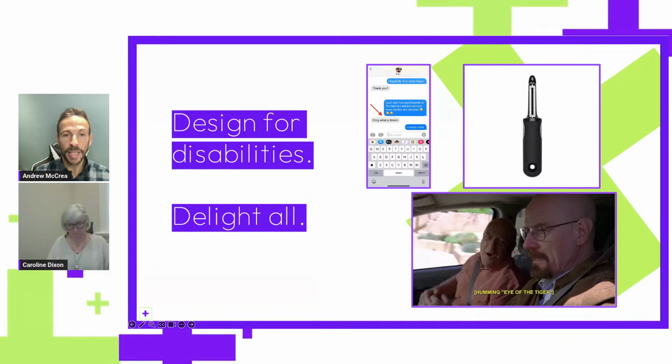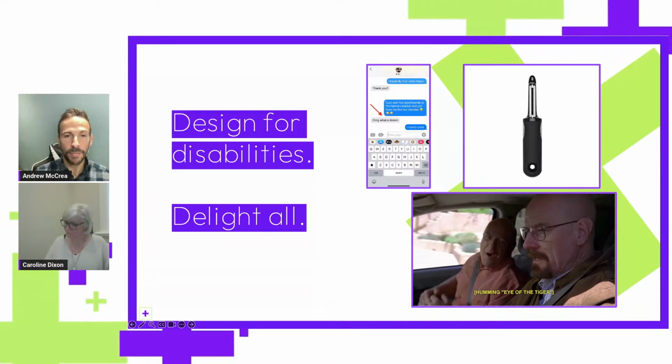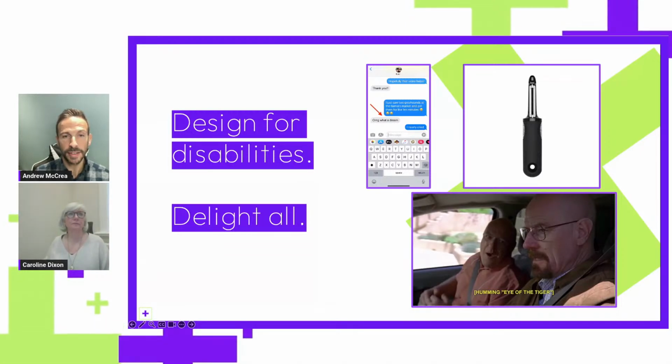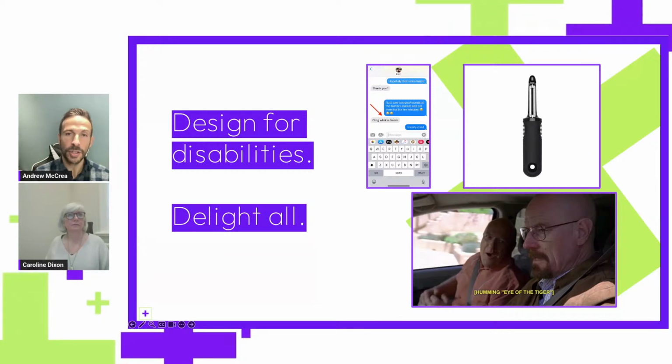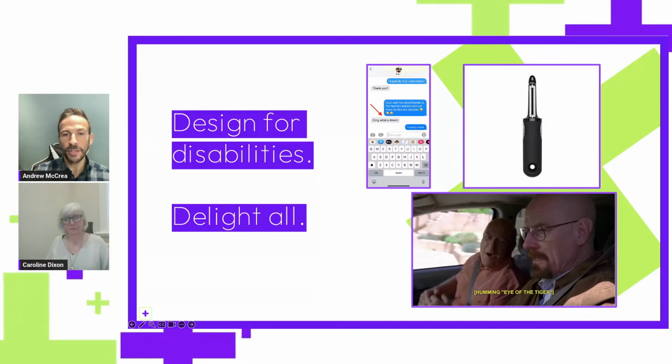And then we have video captions, which again were originally created and designed for people with audio impairments, but now everybody is looking at a lot of content using video captions because it can be watched in silence, which is a really recent trend, of course, in how people use technology. So those are examples of when you design for disabilities, you can delight everybody.